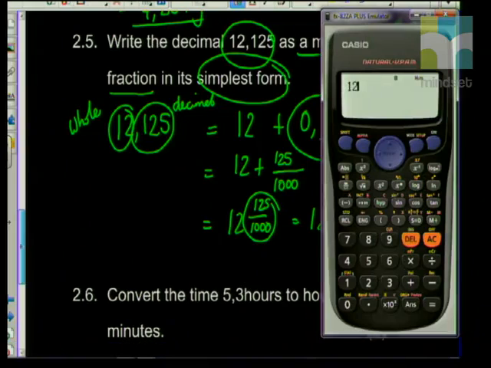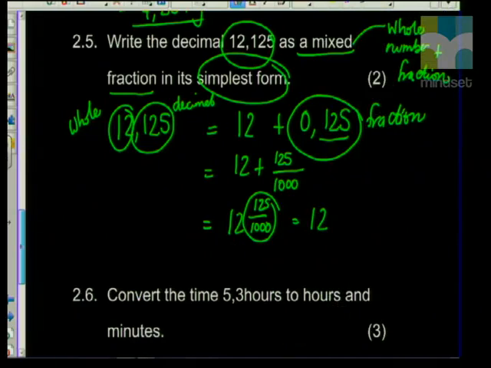So 125 divided by 5 is 25. And remember, whatever I do to the top, I need to do to the bottom. So 1,000 divided by 5 is 200.